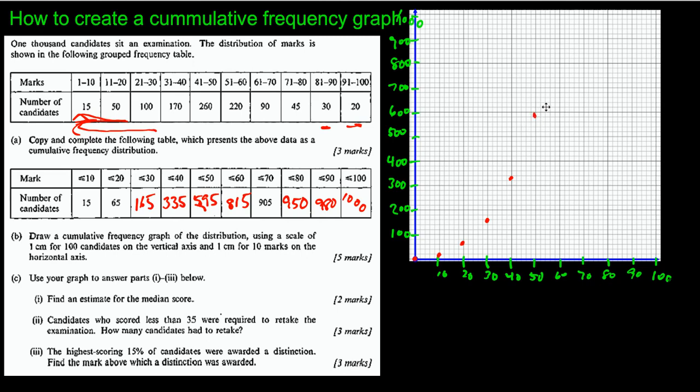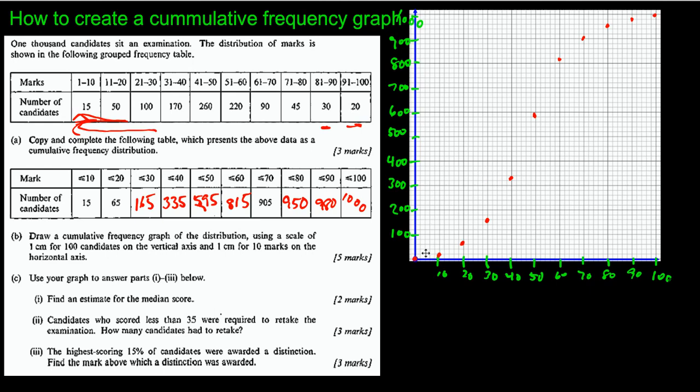Maybe a little low, I should put that a little higher. 60 is 815. 70, 905. 80, 950. 90, 980, and at 100, 1,000 at the end. And so there's every 10 marks, the cumulative frequency graph drawn out.